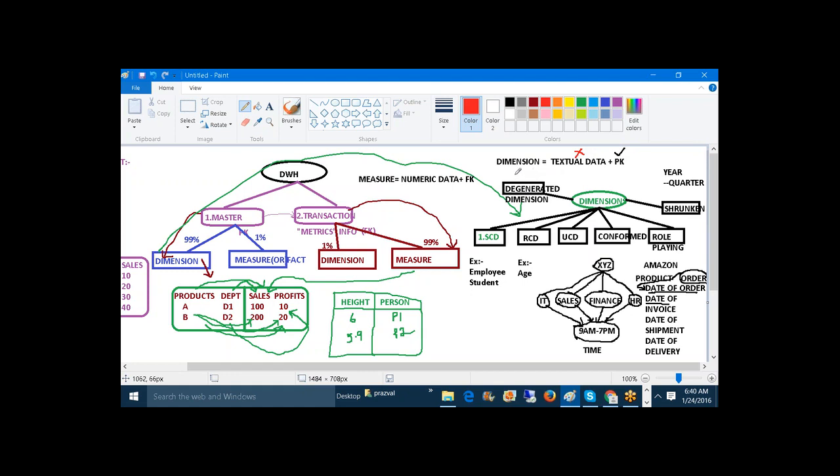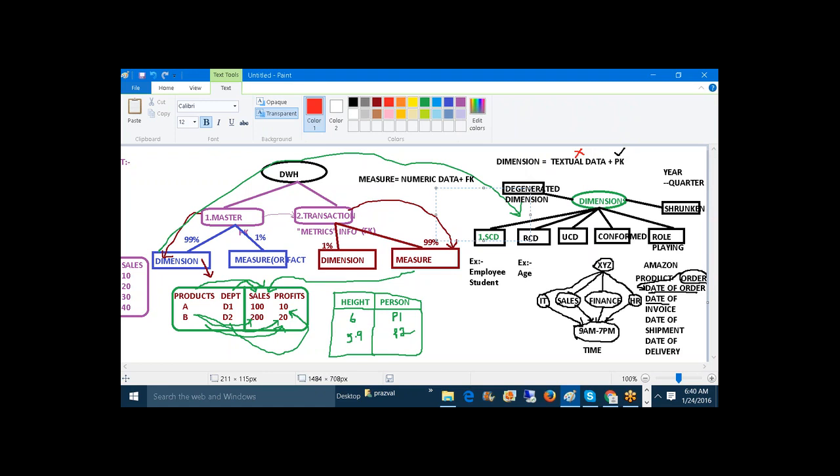So let's say, for example, we take the product dimension. What does the product contain? The product ID and the product name. The product ID should always be the primary key.